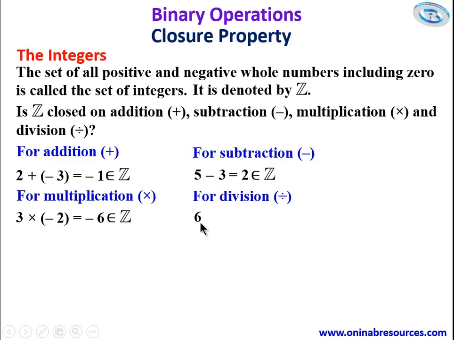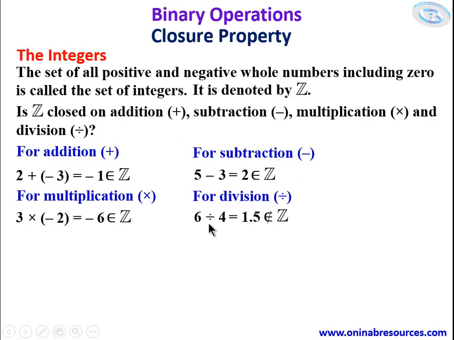So we pick 6 divided by 4. 6 divided by 4 gives 1.5, and 1.5 is not an integer. Then we now write 1.5 is not an element of Z, which means Z is not closed on division.